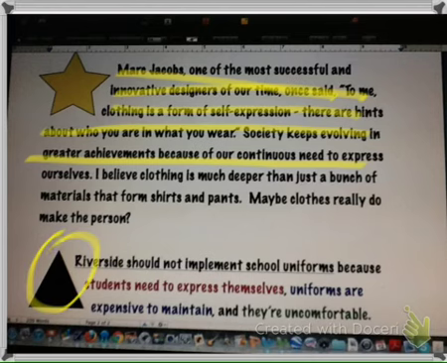Now here is my thesis statement that we wrote earlier. Riverside should not implement school uniforms because students need to express themselves, uniforms are expensive to maintain, and they're uncomfortable. I take these 2 elements of my introductory paragraph, and I put them together to make one paragraph, and here's what it could look like.